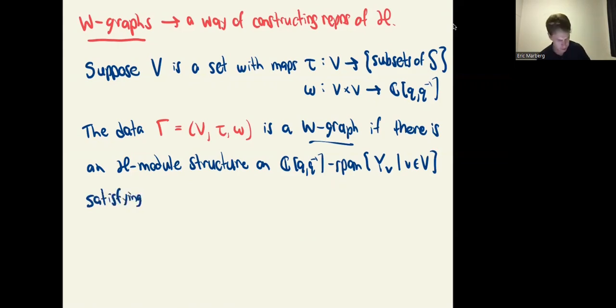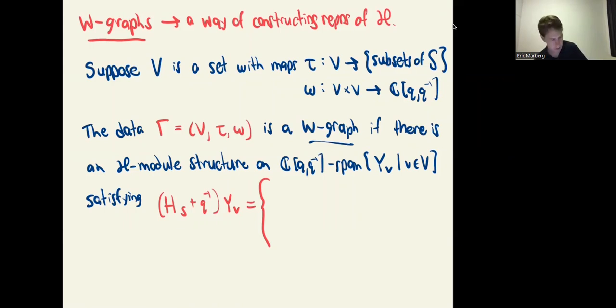What we want to have true is we want to have H_S plus Q inverse times Y_V, and we want to be able to express this by a formula that depends only on these maps tau and omega in the following sense.